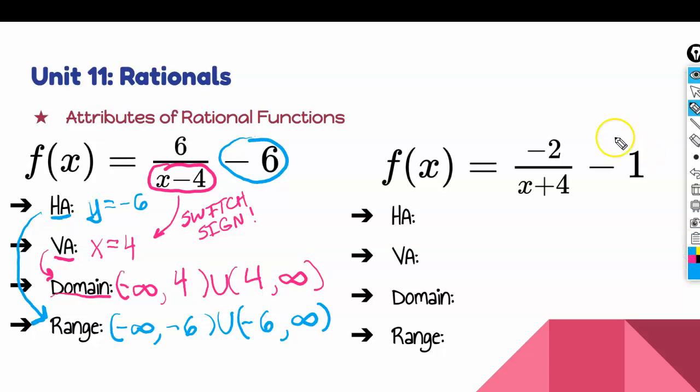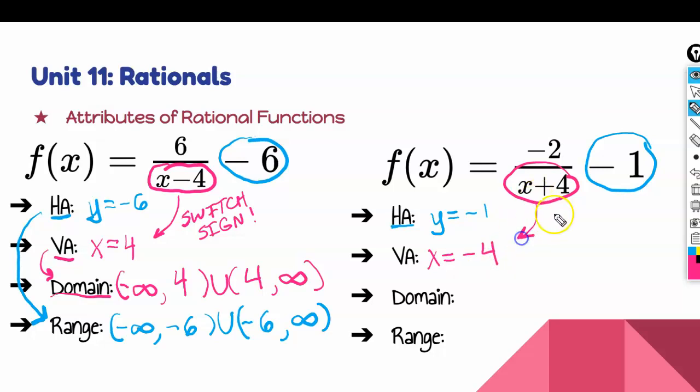So horizontal asymptote, starting out with that one, y equals -1. Okay, vertical asymptote is going to be x equals -4. So even though that's an x plus 4, remember that I switch my signs.